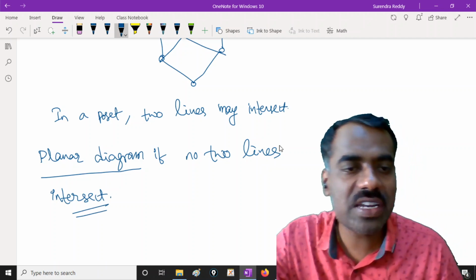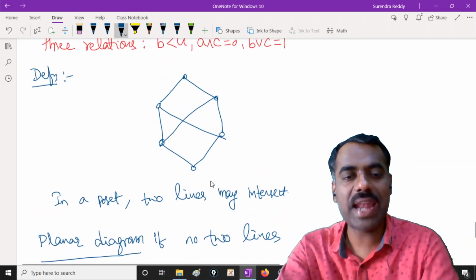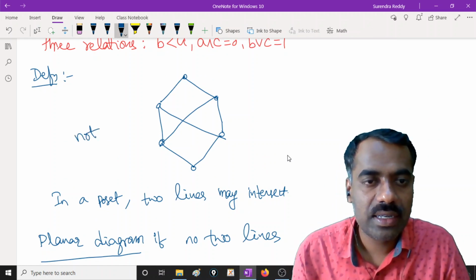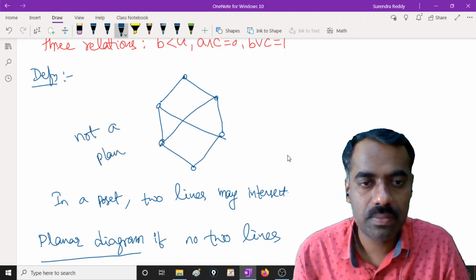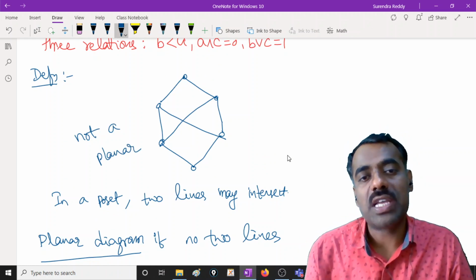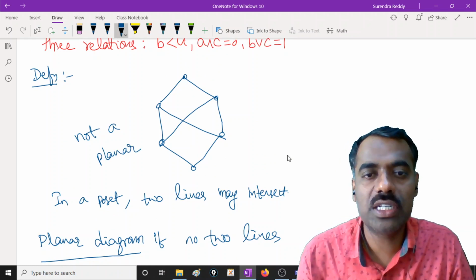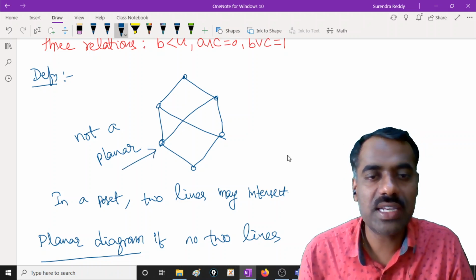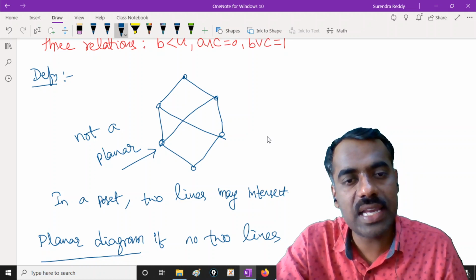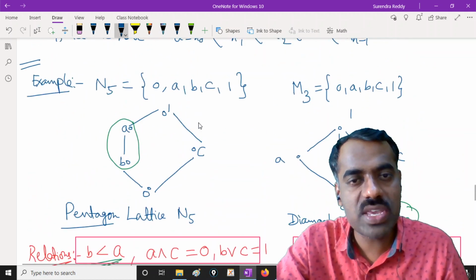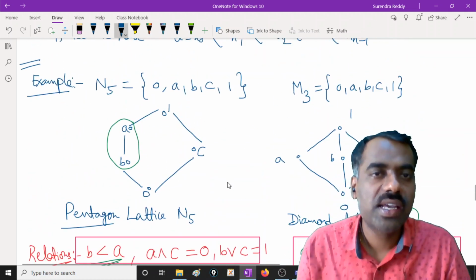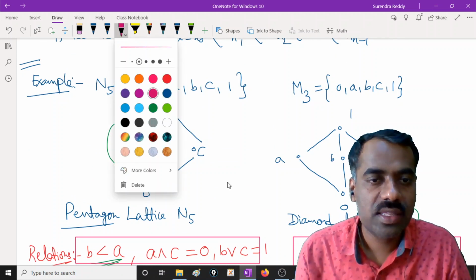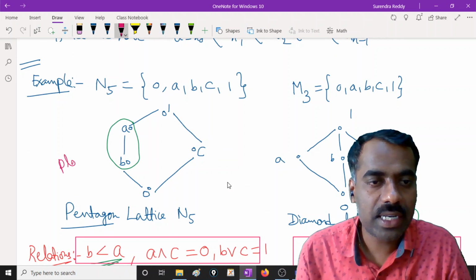Is the definition clear? What is meant when we say some diagram is a planar diagram? For example, this is not planar. Assume first of all this should have a poset and all relations, but just to represent, I have written that example. Is this clear? Now if you come to here, is this planar or not? This is planar, right?